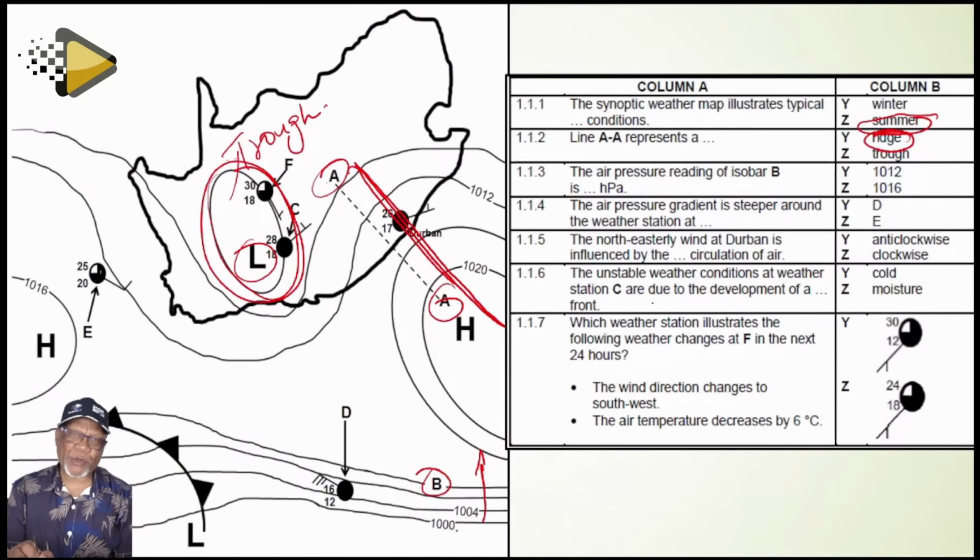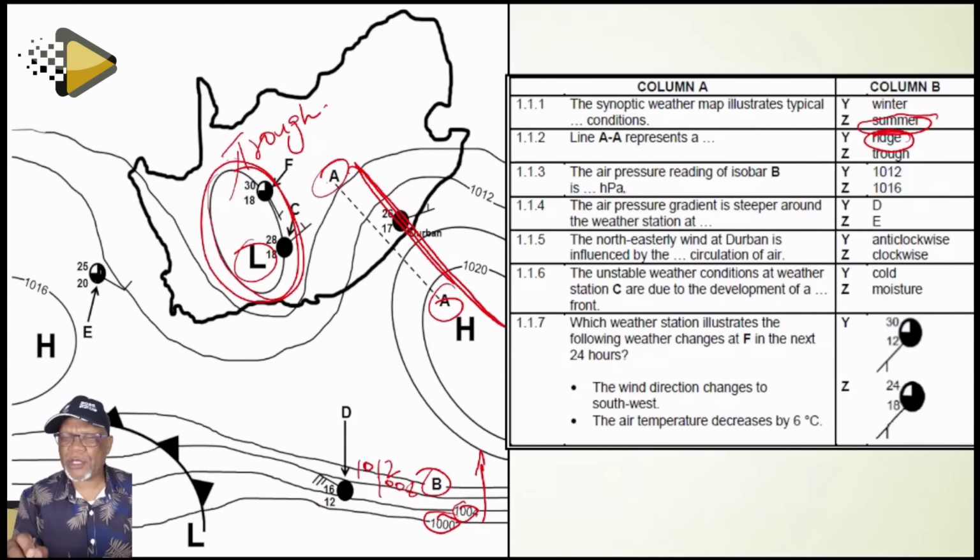What is the difference from one isobar to another? So our isobaric interval here is 4. Here we have 1000, here we have 1004, which means the next one will be 1008, and this one will be 1012, because we are looking at the isobaric interval of 4 millibars or 4 hectopascals.